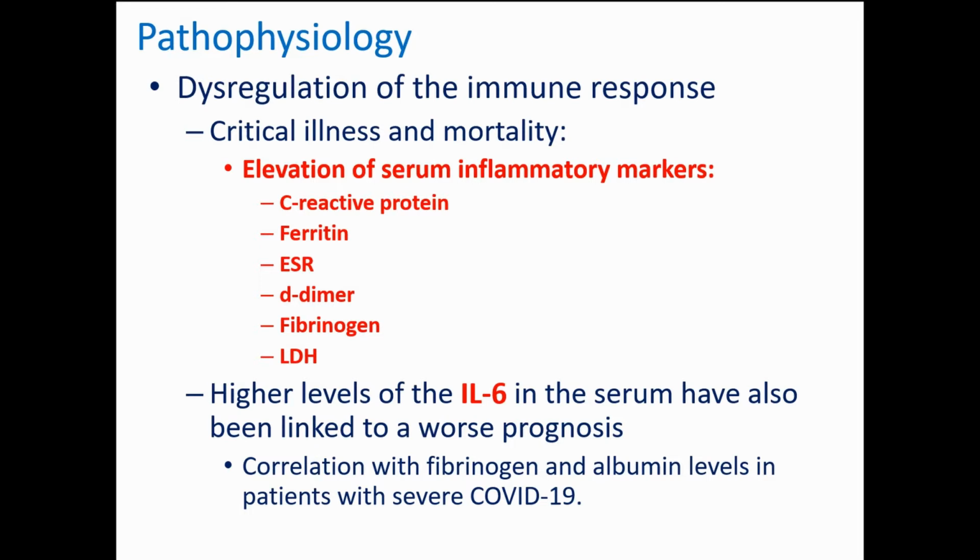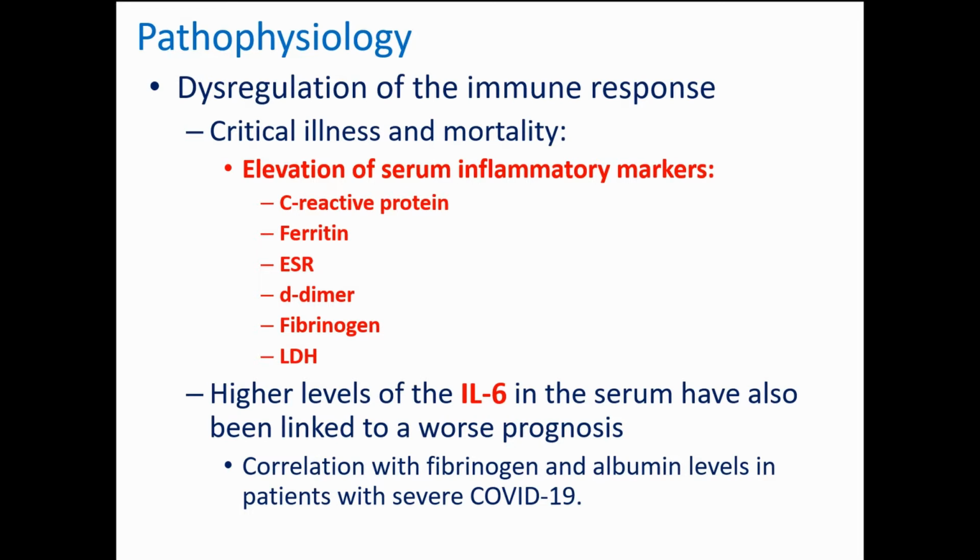I don't need to go over, all of you are familiar, such as C-reactive protein, ferritin, erythrocyte sedimentation rate, D-dimer, fibrinogen, and LDH, but most importantly, interleukin-6, which is also prognostic in severe cases, but many of us actually ignore the levels of albumin.